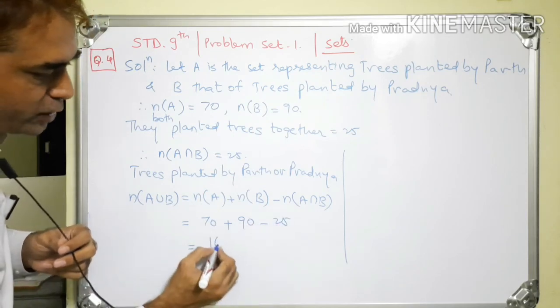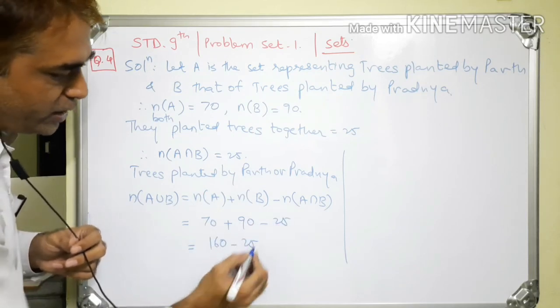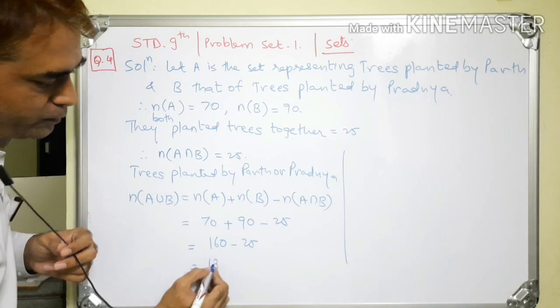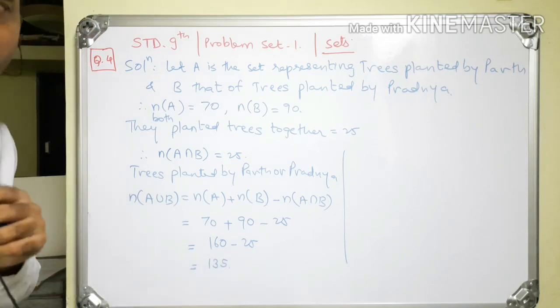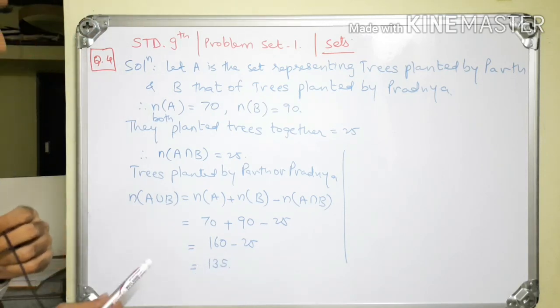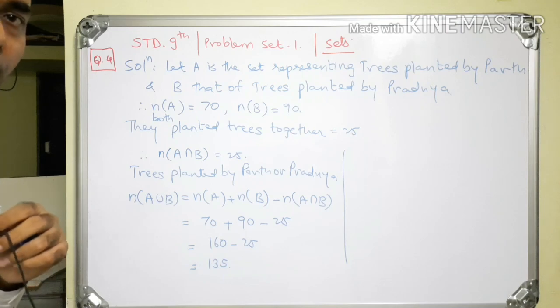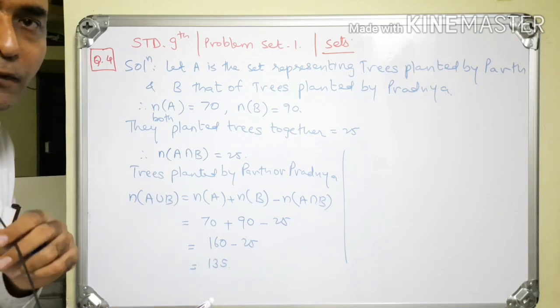This equals 160 minus 25, which equals 135. So Parth and Pradnya planted 135 trees.